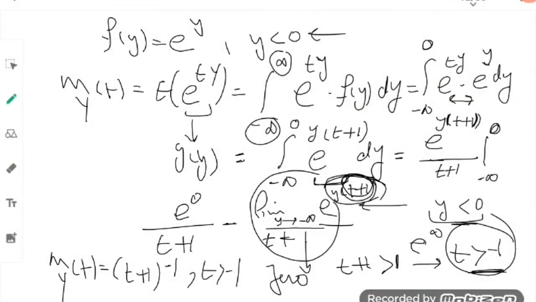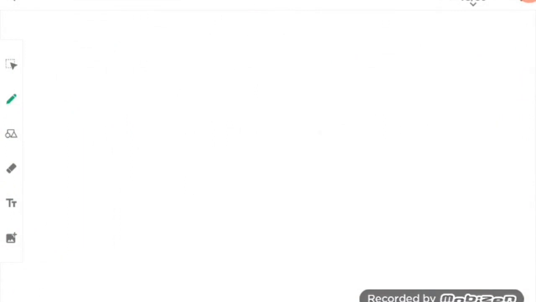So this is the moment generating function of the random variable y, equal to 1 over 1 plus t, and we need to find the first 3 moments.